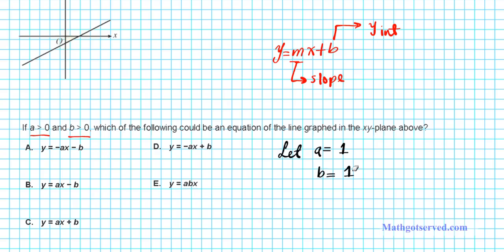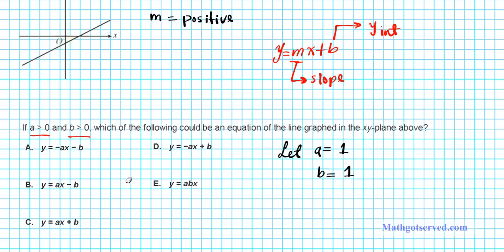Okay? Now, if you take a look at this line right here, what do you notice about M and B? Since the line is going up from left to right, the slope M has to be positive. Okay, M has to be positive.